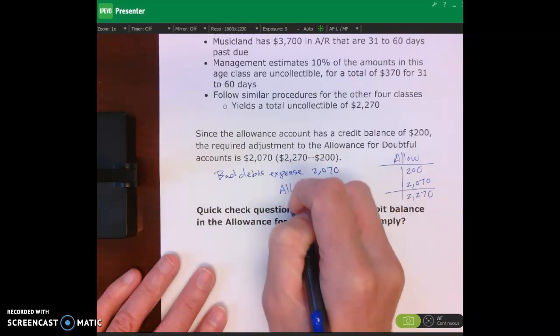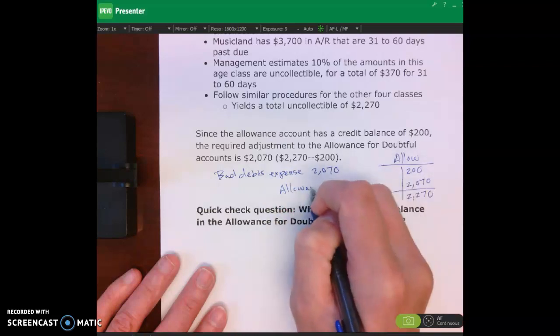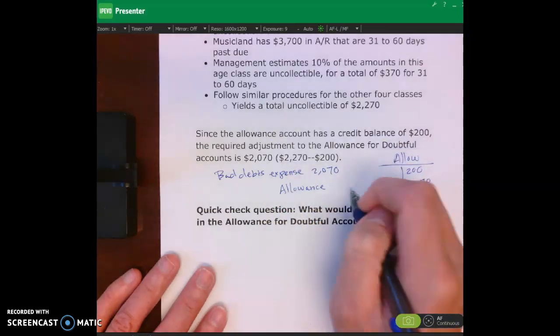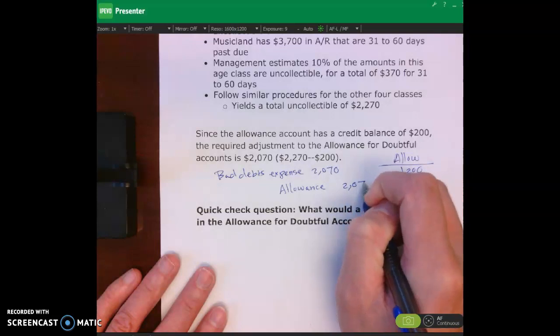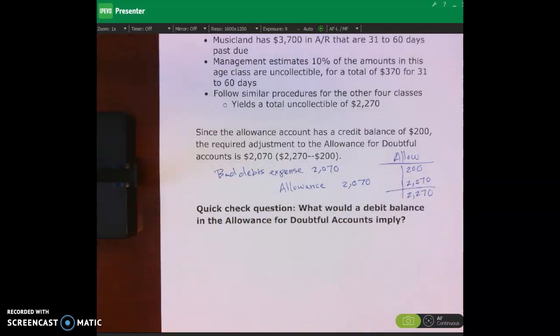Credit, my allowance for doubtful accounts. Again, I'm just writing allowance because I'm running out of room. $2,070 right there.